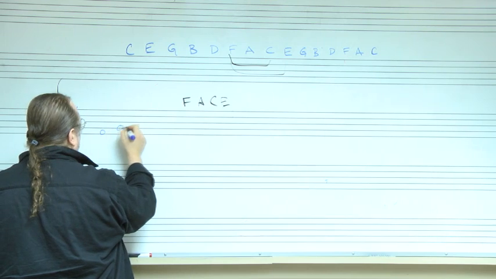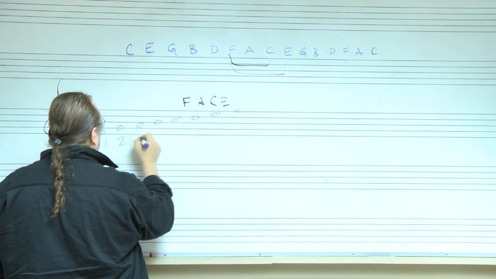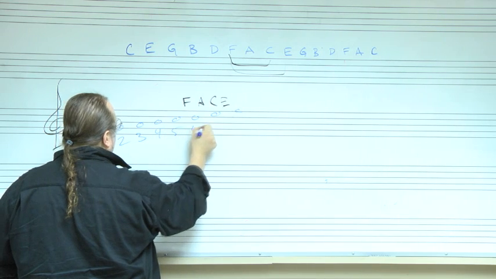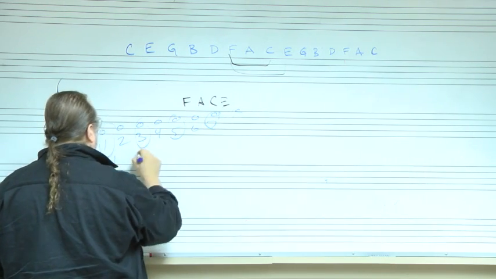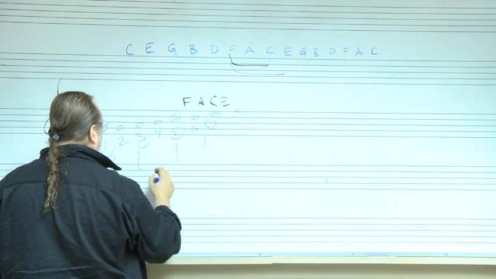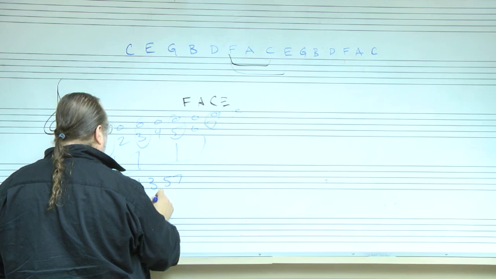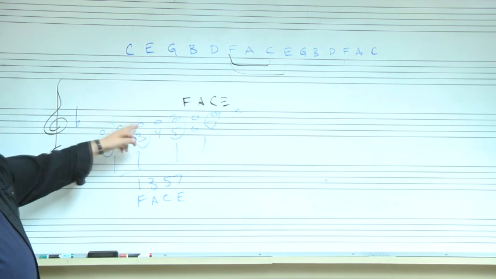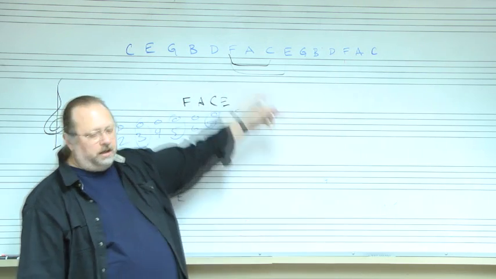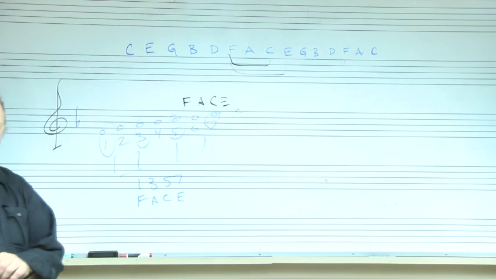You go F, G, A, B flat, C, D, E, F. There's 1, 2, 3, 4, 5, 6, 7. 1, 3, 5, 7, there's your seventh chords: F, A, C, E. Because it's every other note in the F scale, right? Yeah, every other note in the scale makes a chord.